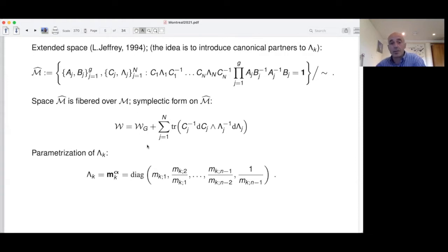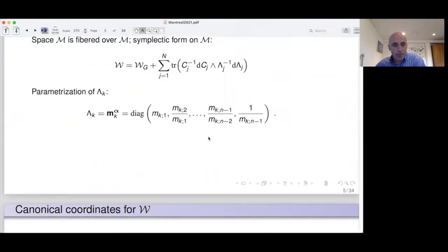You extend the symplectic form from the leaf to the whole space. It's convenient to parameterize the matrices of eigenvalues of local monodromies in terms of these m's, because the determinant is 1, so we introduce these small m's such that the eigenvalues look like that. Okay, so these are some technicalities.